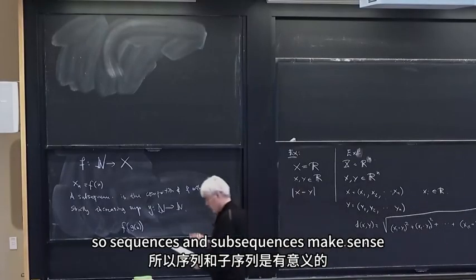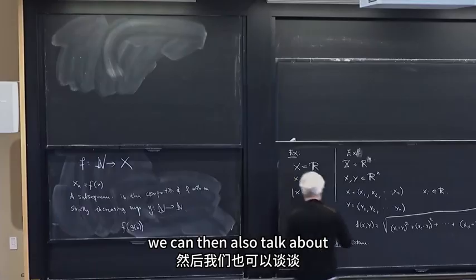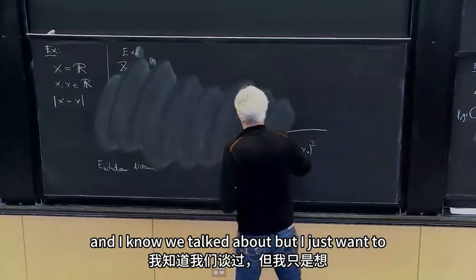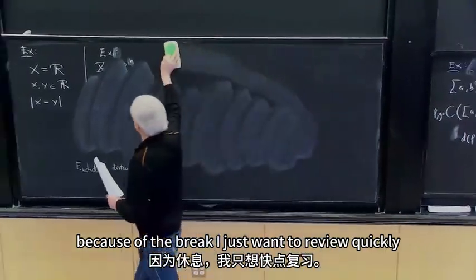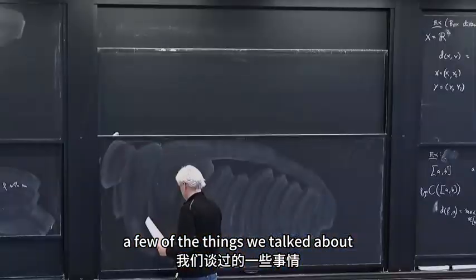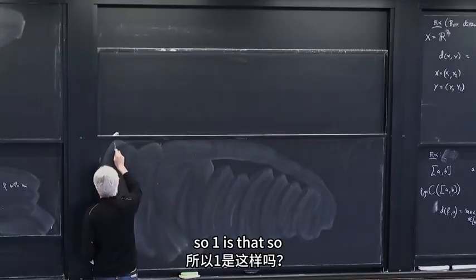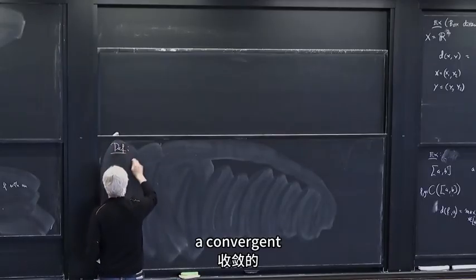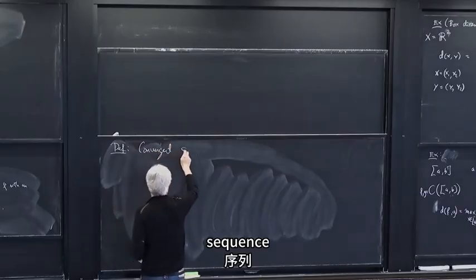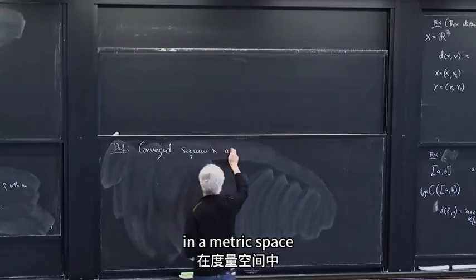So sequences and subsequences make sense. We can then also talk about, and I know we talked about it, but because of the break, I just want to review quickly a few of the things we talked about right before the break. So one is a convergent sequence in a metric space.